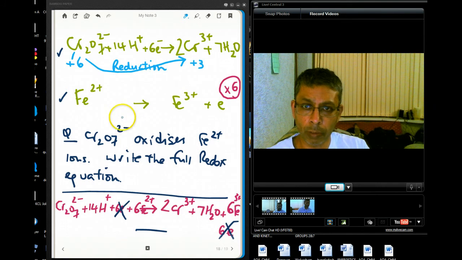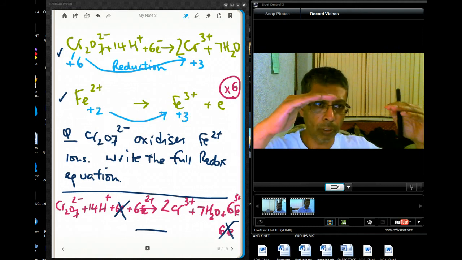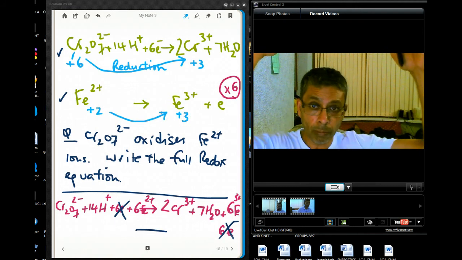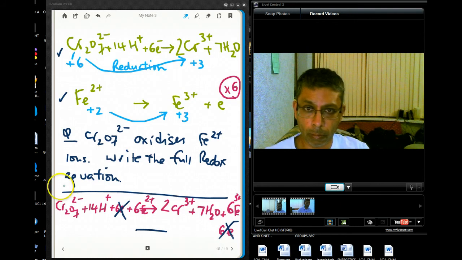Now look at this one. Oxidation number of iron. Any single element, the charge on the ion is the same as the oxidation number. Plus 2 there, plus 3 there. Now if you look at this one, oxidation number gone from plus 2 to plus 3, gone up. And so that is oxidation.